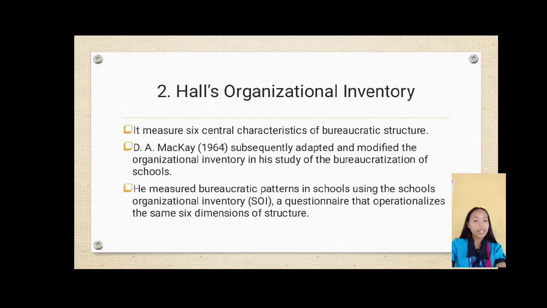The interrelationship of these characteristics of schools has also been explored empirically. Studies indicate that there are two relatively distinct patterns of rational organization rather than one completely integrated bureaucratic pattern.